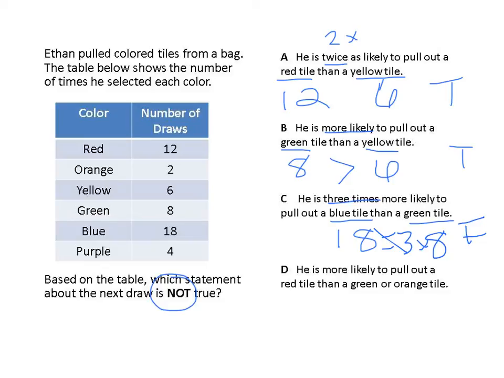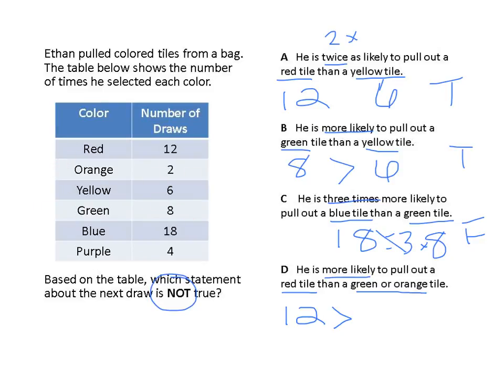He is more likely to pull out a red tile than a green or orange tile. So red tile, we can see that there were 12. And I want to know, is that more likely than the other option? Now when I see green or orange, I'm going to combine my results for green and orange.